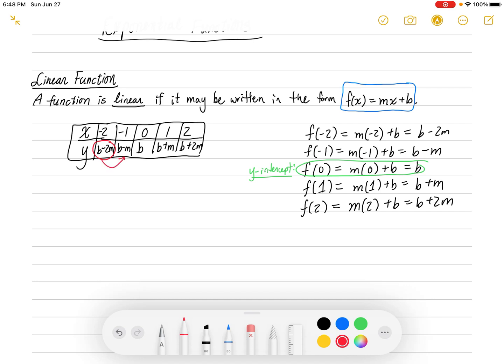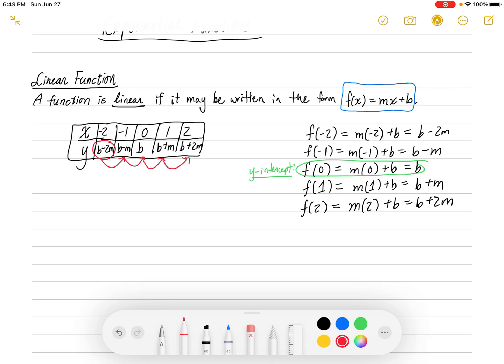So notice what's happening as you move from the leftmost y value to the one just right of it: you add m. Then you move to the next one, you add m, and then the next one. So you're adding m at each stage as the x progresses from integer to integer.